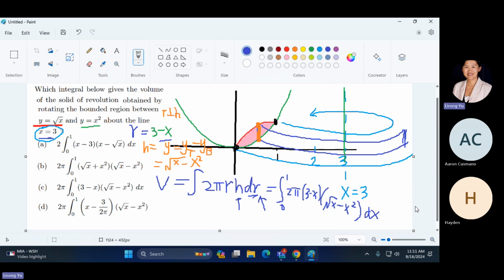All we have to do is maintain that volume is a positive measure. So that's positive, 3 is bigger than x, so that's positive. h is bigger minus small, that's positive, and dx, if you go from 0 to 1, then dx is also positive. So we guarantee that the final calculation of the volume will be a positive measure.